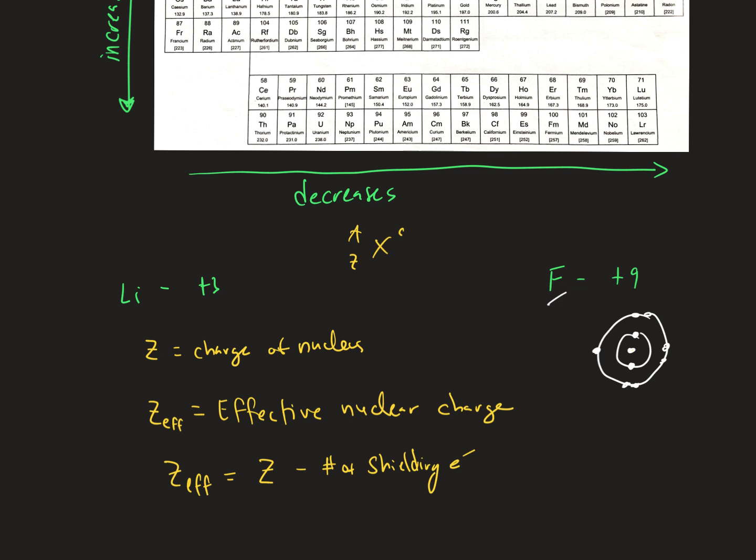So we have 9 as our nuclear charge minus the number of shielding electrons. These ones right here are shielding the protons. They're kind of pushing the other electrons out, right? So we take those away, and we get positive 7. You with me? Yeah. So the shielding electrons are just all of the shells before the outer shell? That's right. Good. Thanks for asking.